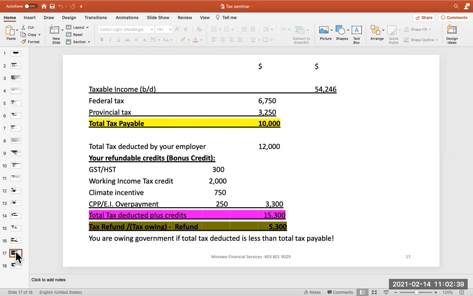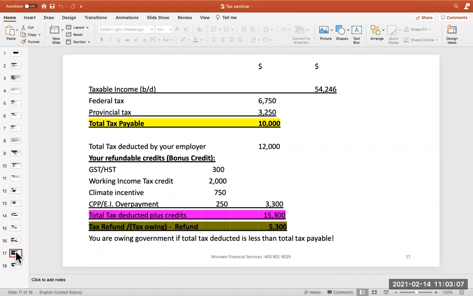So that means you have 15,300 deducted from your salary, kind of, and what the government is asking for is 10,000. So therefore, you pay the government 10,000 from the 15,300 you have available. So you have a balance refund of 5,300. This is how you come about your refund.